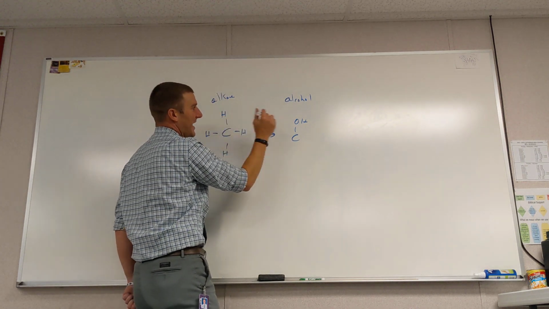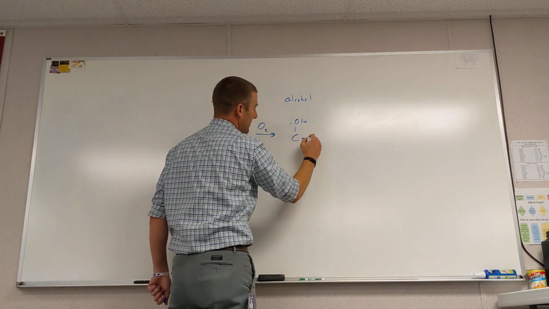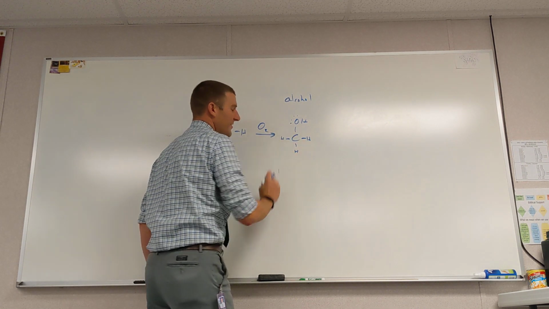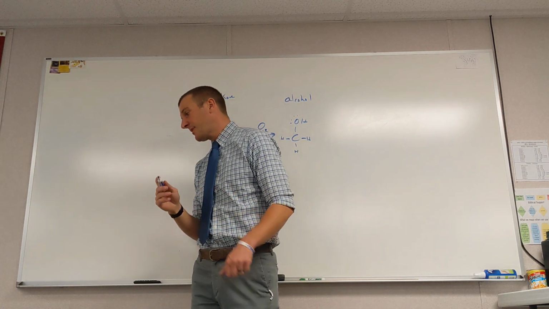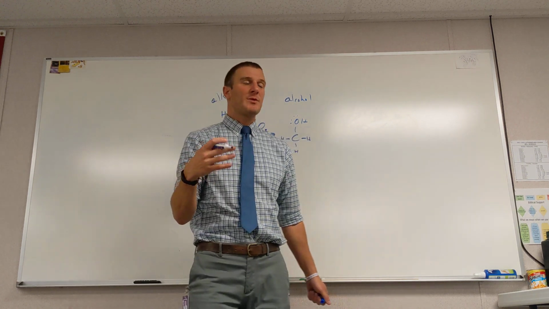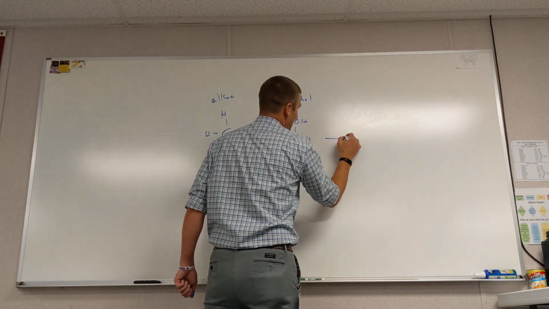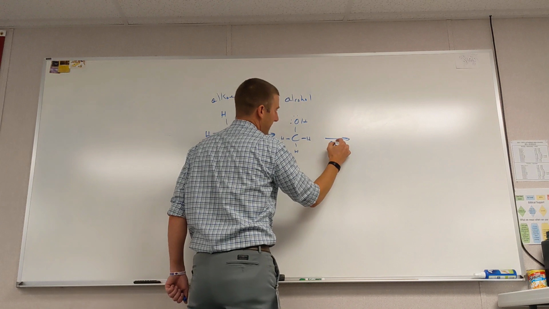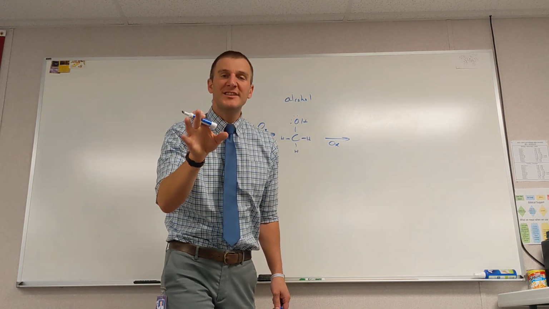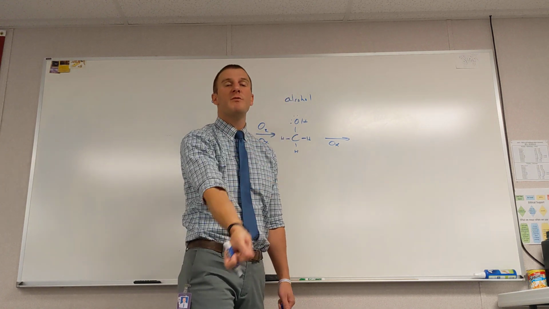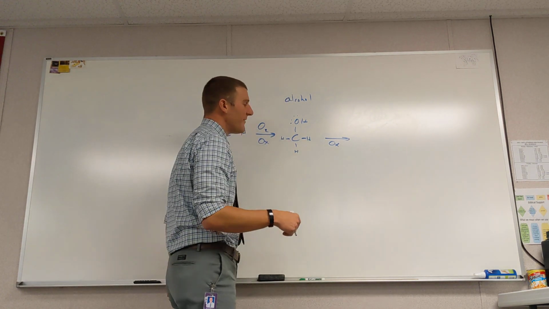And now I've got the next step in terms of oxidation. Now what do I want to do next? Next, I want to do the next oxidation step. And this oxidation step is not going to be the addition of oxygen, but the removal of hydrogen. So I'm going to pull off a hydrogen.